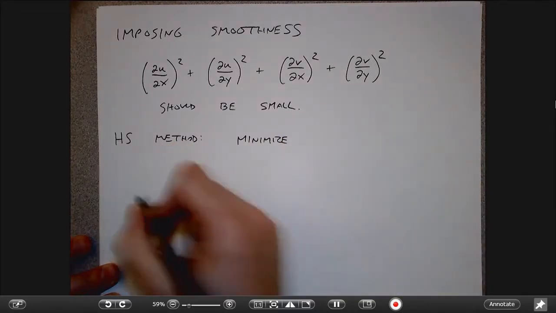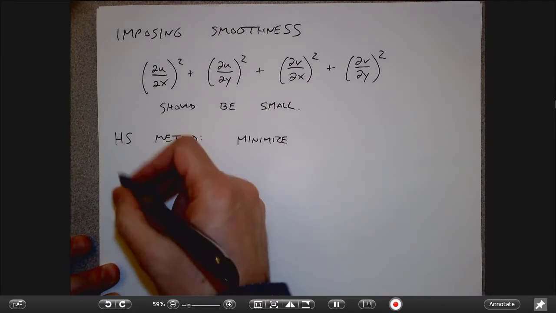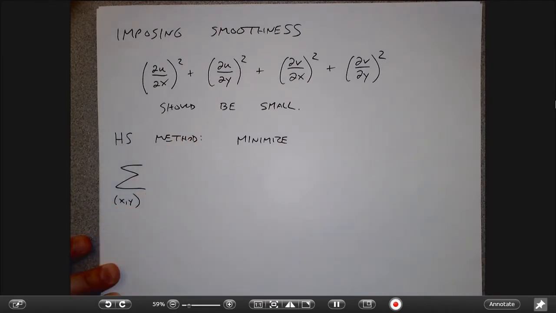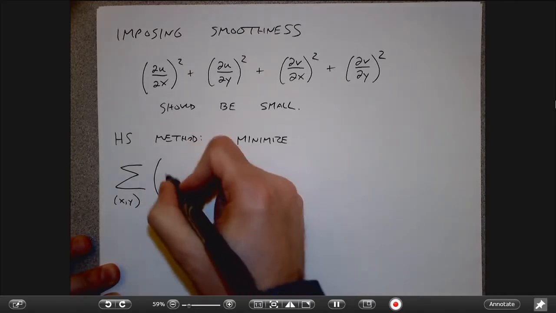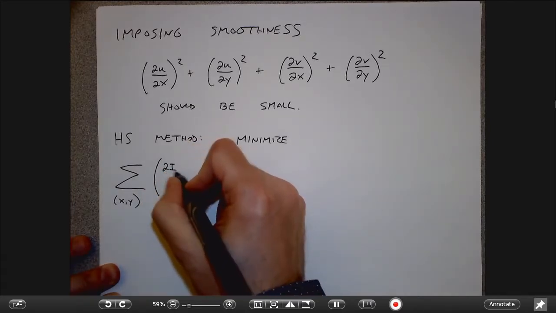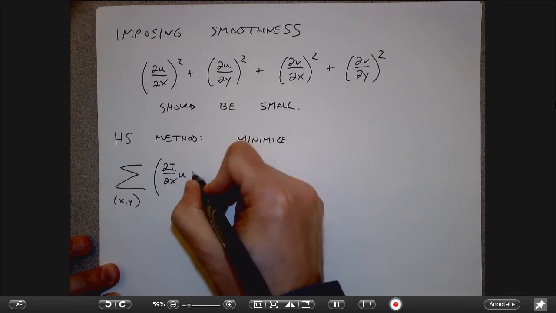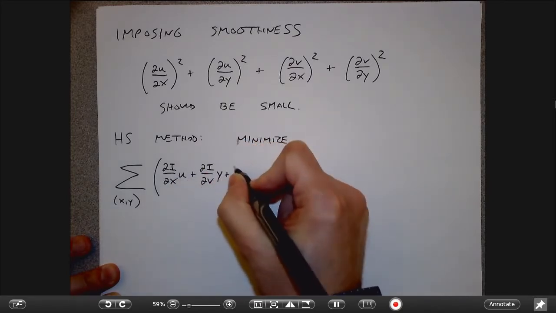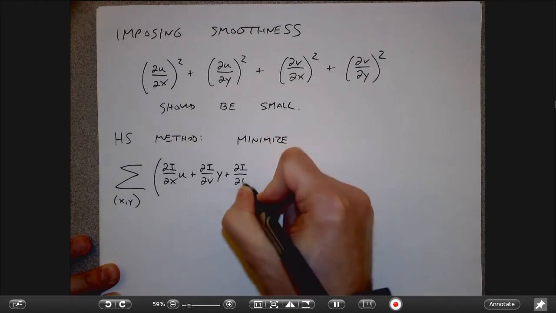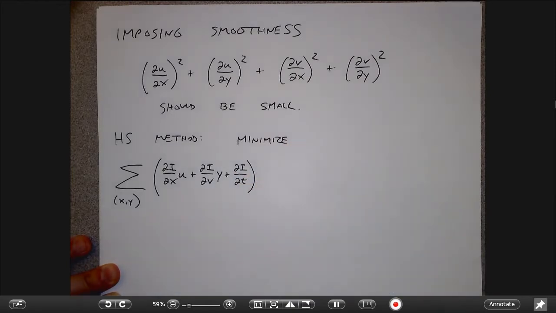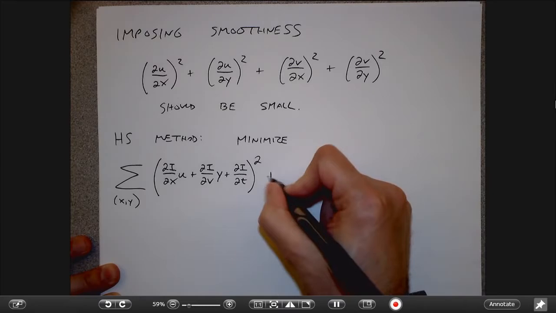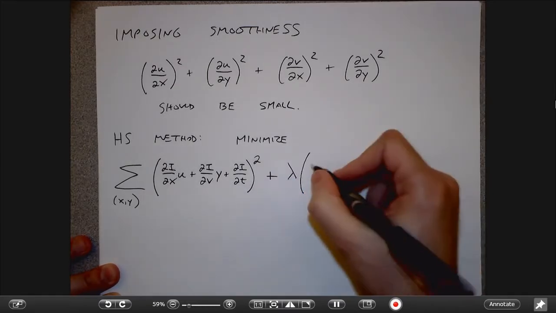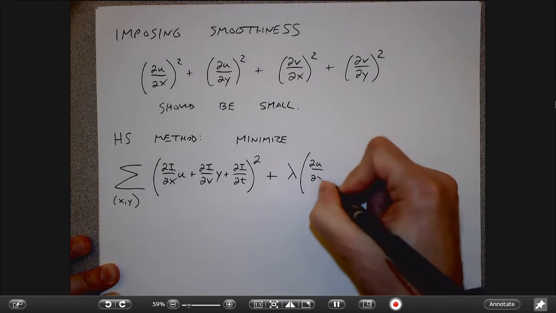And so if I put this all together, the Horn-Schunck method is basically to minimize the following thing. I have a cost function over all the pixels in the image, where I take this number, which is related to how well the pixels fit the brightness constancy assumption, and then add some factor times this number.